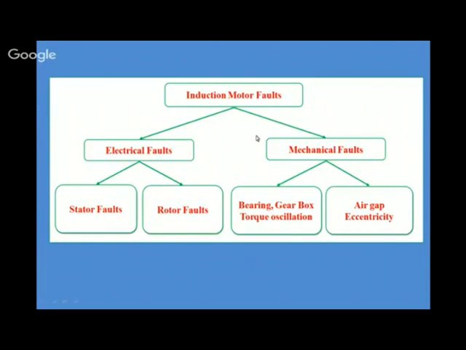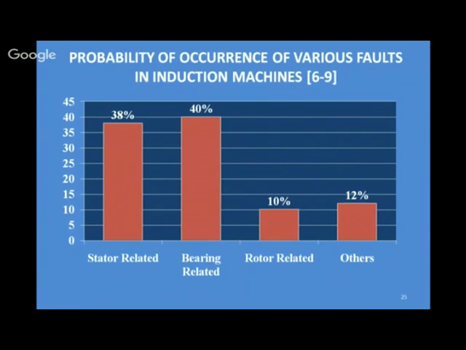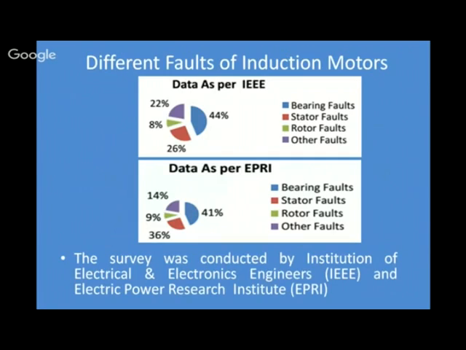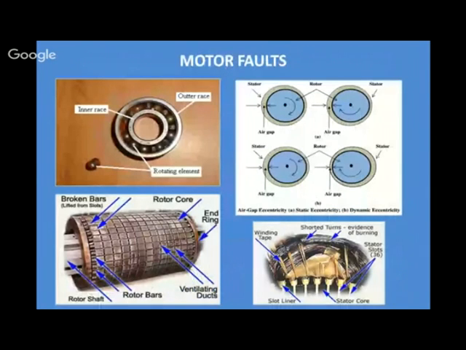Here we have mechanical faults also. Mechanical faults can be divided into bearing faults, gearbox failure, and we have air gap eccentricity, which can be further divided into dynamic eccentricity or the static eccentricity. So these are the various faults of the electric motor.